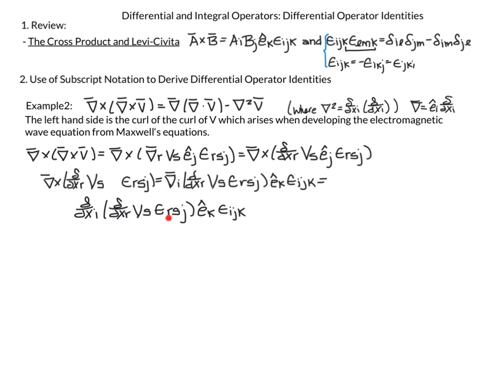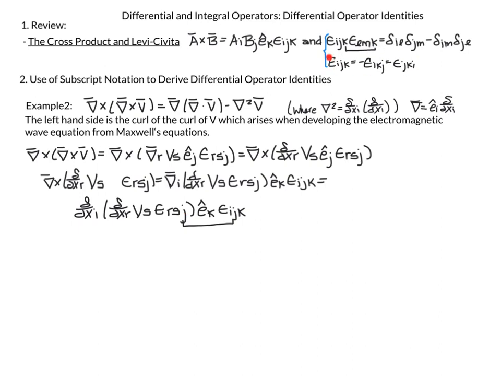And what I see here to simplify is I have these two Levi-Civitas, and they both have a j index, which is good news because if you have one of the indices equal, you can use this identity here.